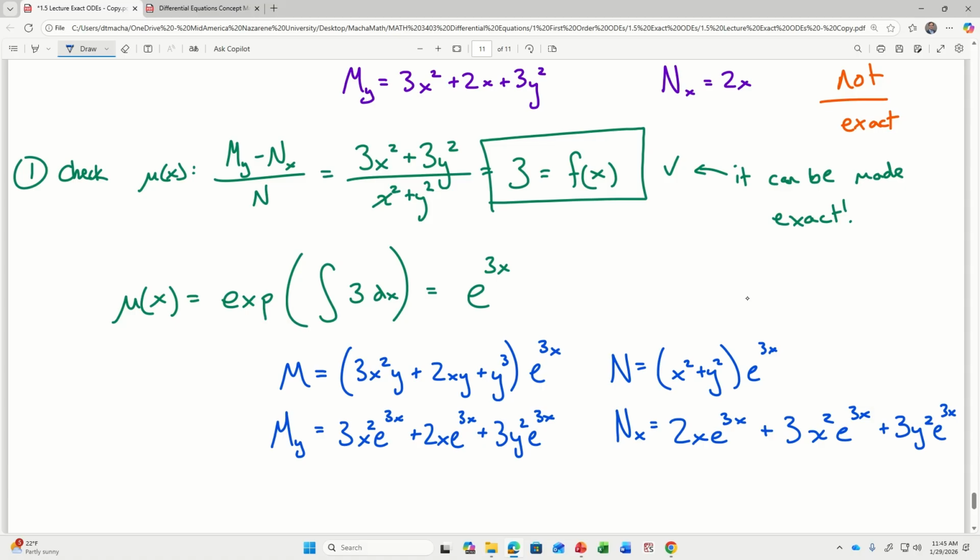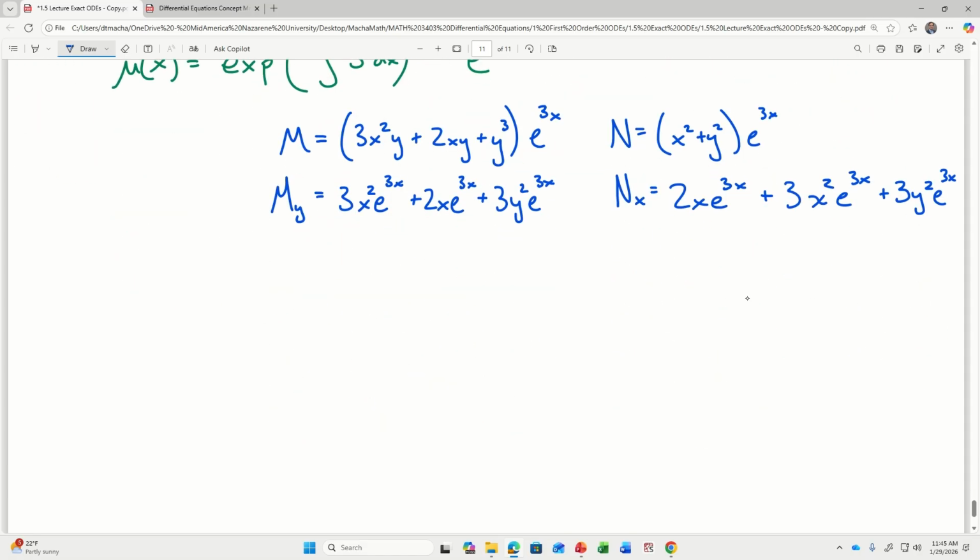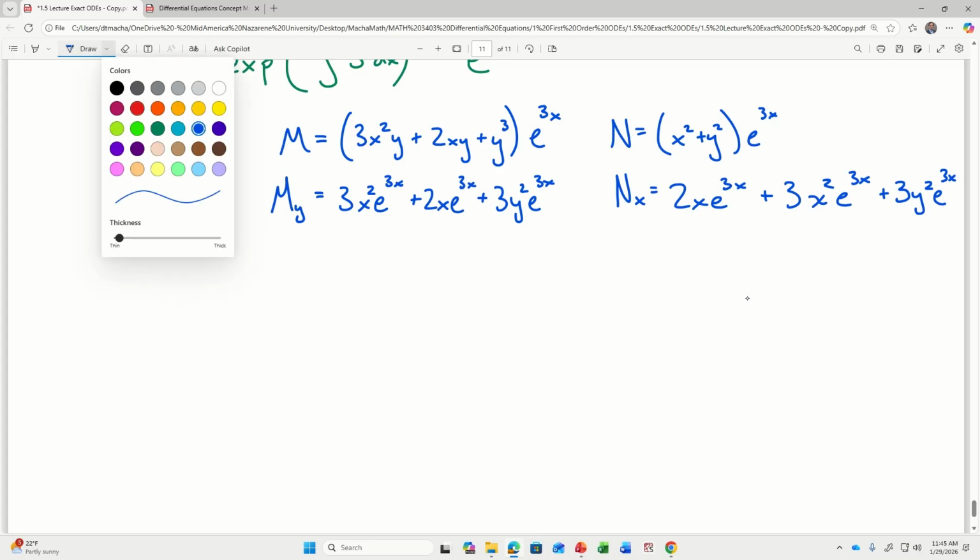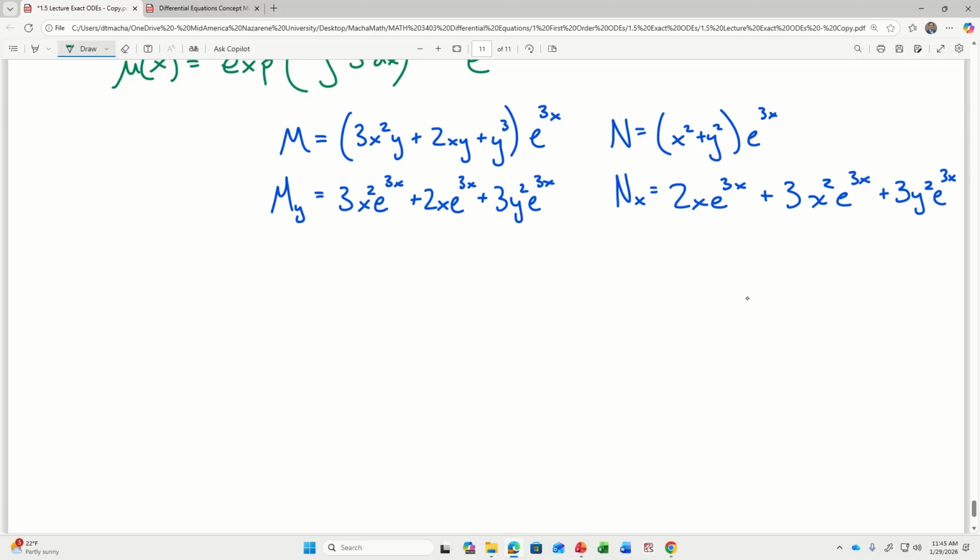And now we can proceed by solving my new exact ODE. And to solve an exact ODE, we start off by remembering that the partial of psi with respect to x should be M. So we set psi equal to the antiderivative of M with respect to x plus potentially some function of y.